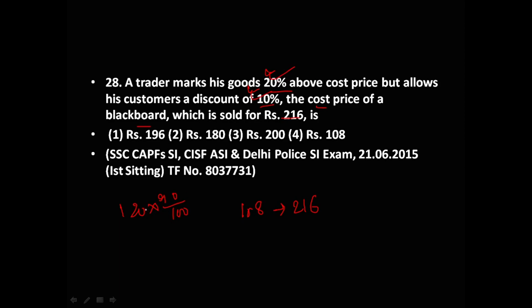So it's 120, and 90% of 120 is 108. 12 nines are 108. Clear? So 108 is equal to 216. Then we have to get the value of 100, which is equivalent to 200, because it's 2 times. So it's 200. Clear? Where is the answer? Okay, 200. Moving to the next one now.